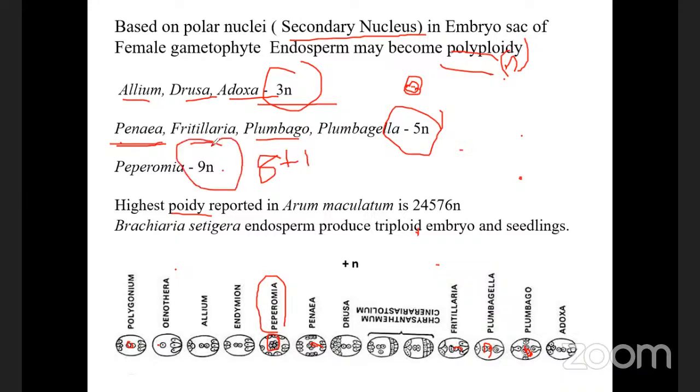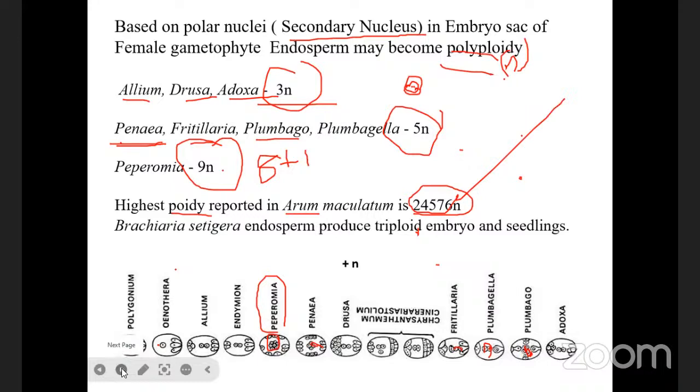This is asked many times in competitive exams. Whereas in Adoxa... the highest polyploid type of endosperm has a 24,576 nuclear stage. This many nuclei are present. That is a variation in the formation of the endosperm.